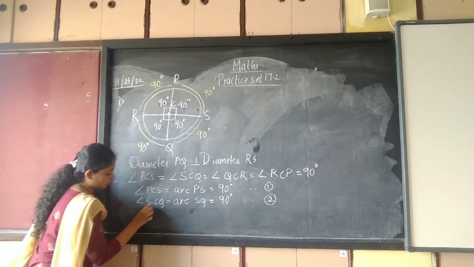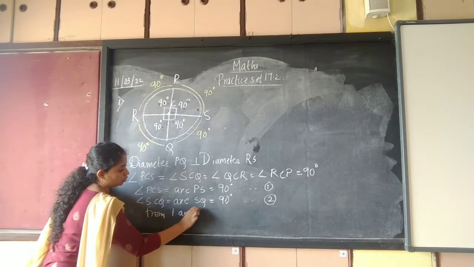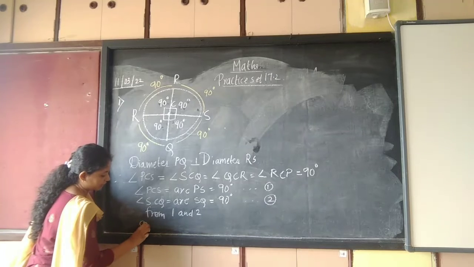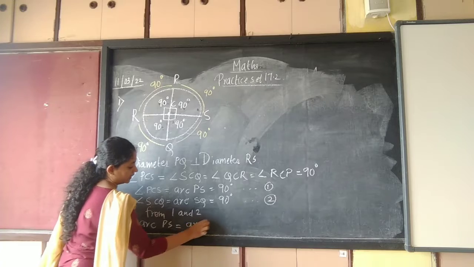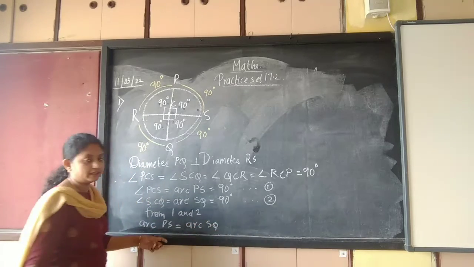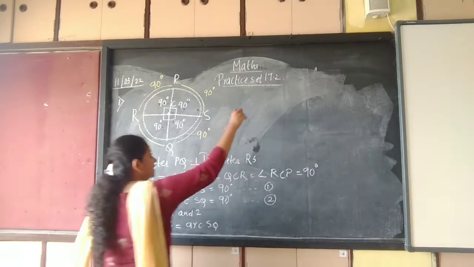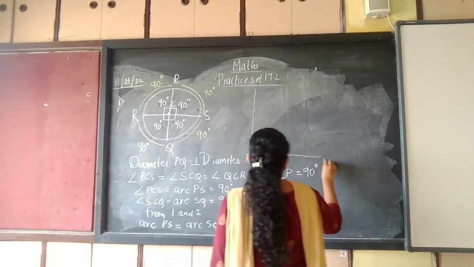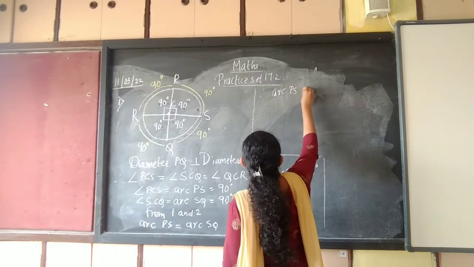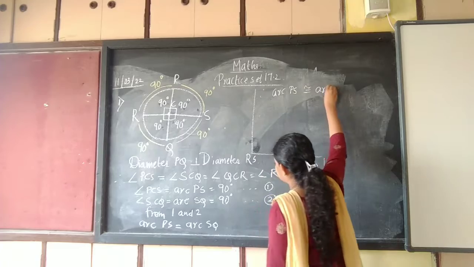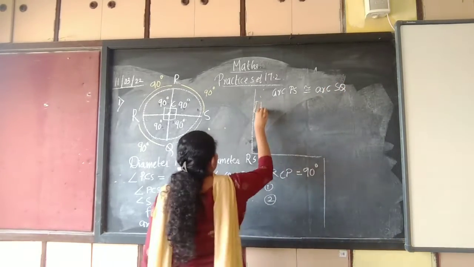So from 1 and 2, what can we say? Arc PS is equal to arc SQ. What is the reason we can tell that they are congruent? Because they have the same measure. So further we can write, therefore arc PS is congruent to arc SQ. Now what reason are we going to give here?